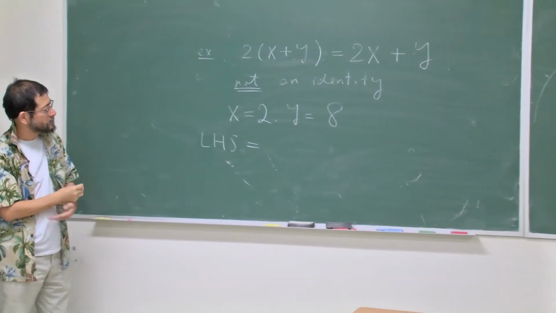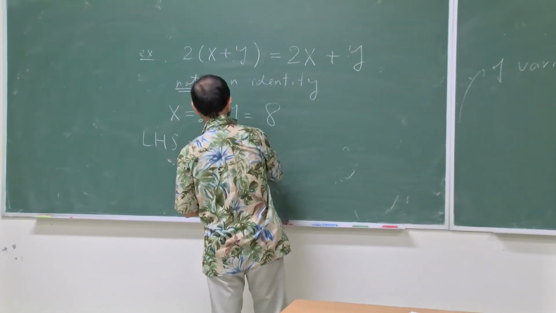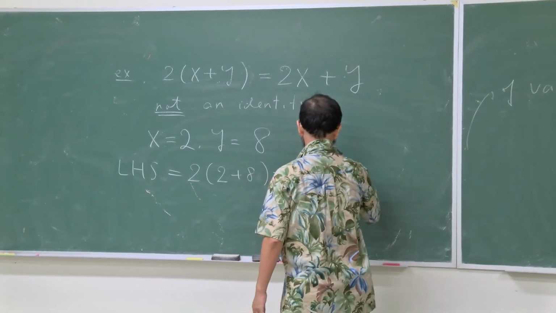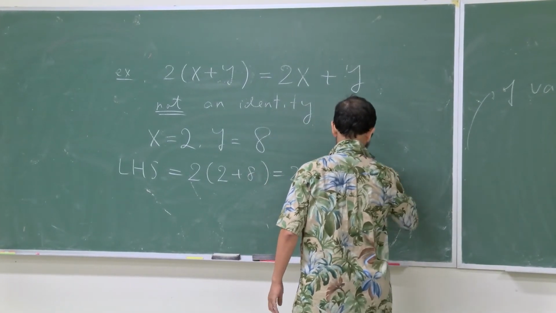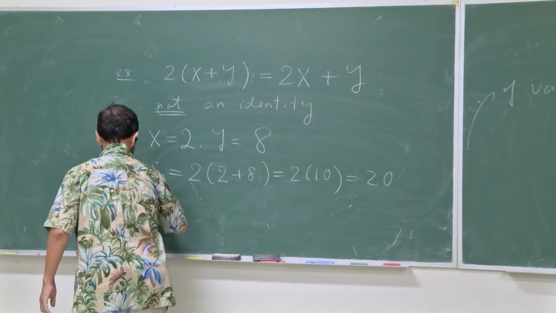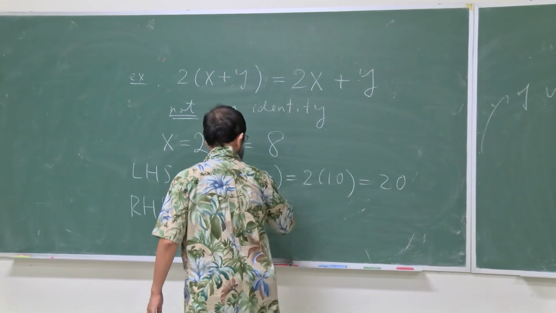So in this case, your left hand side is 2 times 2 plus 8, 2 times 10, which is 20. Your right hand side, 2 times 2 plus 8.